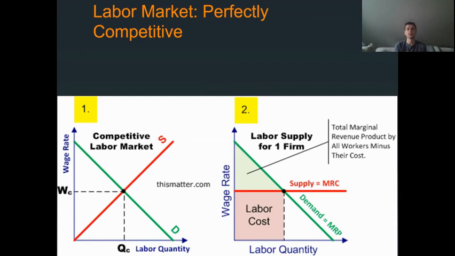Marginal revenue product is good because it reminds you that marginal revenue multiplied by the marginal product gets you your demand curve. And that explains why the demand curve shifts. If the marginal revenue increases, so the price of the product increases, then demand shifts. If the marginal product changes, then the demand shifts as well. So that's an easy way to understand that one.